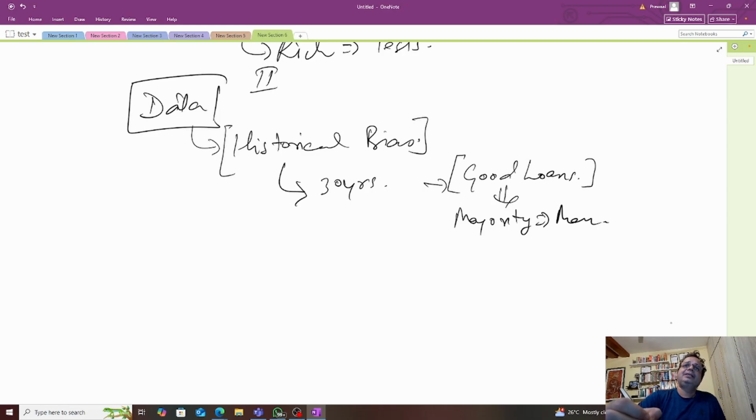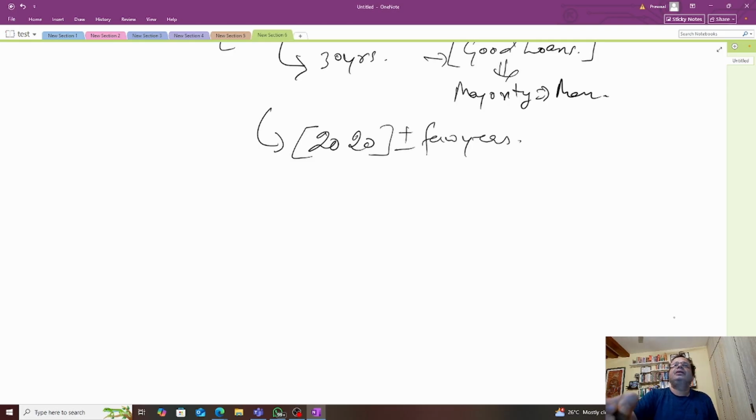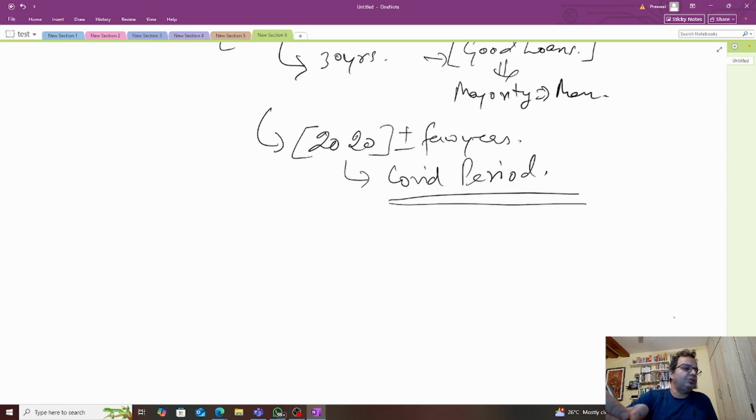There can be another example. If you want to look at, let's suppose, the utilization of some kind of public transport, and you take data for say 2020, plus minus a few years, you will see that this is COVID time, and the behavior of people in this COVID duration was not like how it should be before and after COVID.